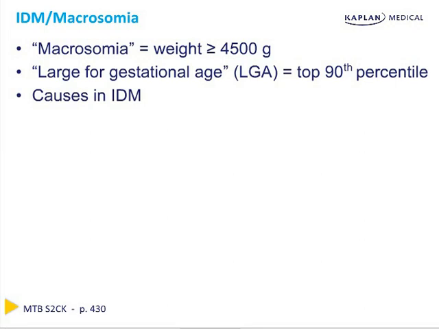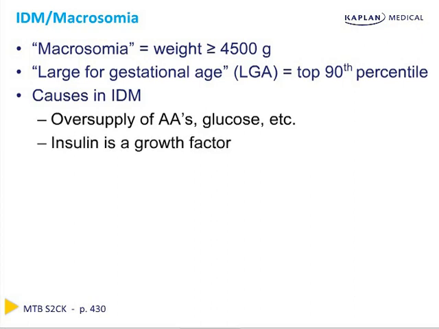The 2 major facets that contribute to macrosomia existing in infants of diabetic mothers is that these children are given an excess of amino acids and glucose and other building blocks that cause growth. They're then given an excess of insulin.